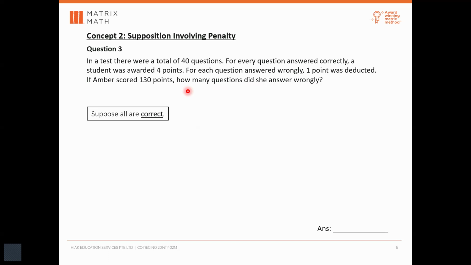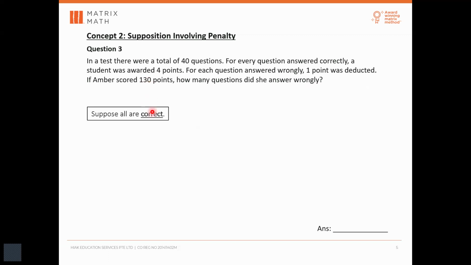You don't start off with all wrong because if all 40 questions are wrong, that means 40 times of deduction of one, and you get negative. You start off with negative, and we don't want that. You want to start off with a positive number of marks, because she did score more than 0, she didn't score negative points.